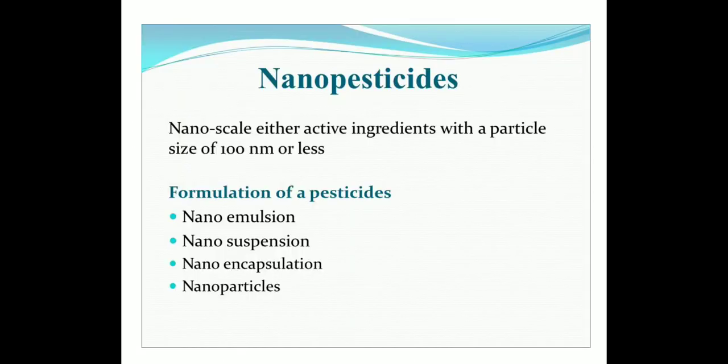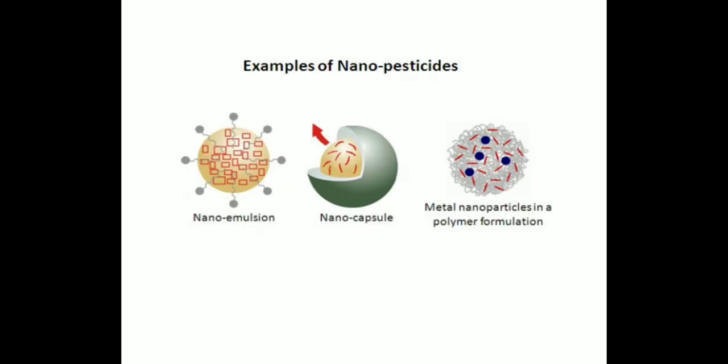Then, how to prepare the nanopesticide? Different techniques are included: nano emulsion, nano suspension, nano encapsulation, and nanoparticles. We can see an example from this diagram. Nano emulsions involve coating the particle or material with the help of different types of emulsions, such as polymer or wax coating or sulfur coating emulsions.